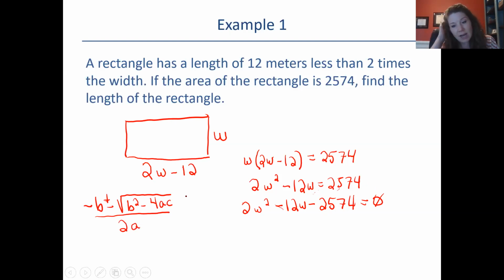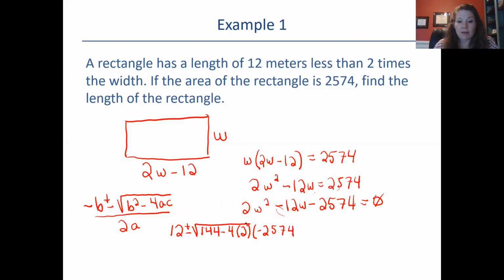So we're going to plug in our correct numbers for a, b, and c. b is negative 12, so the opposite of b is positive 12, plus or minus the square root of negative 12 squared, which is 144, minus 4 times a times c. And all of that is over 2 times a, so 2 times 2 is 4.